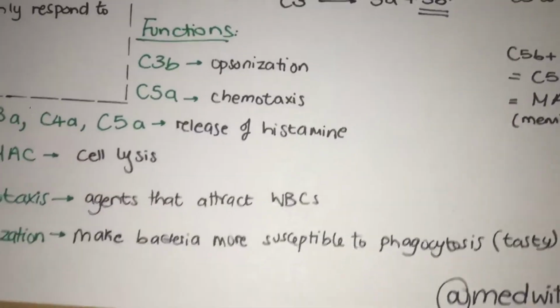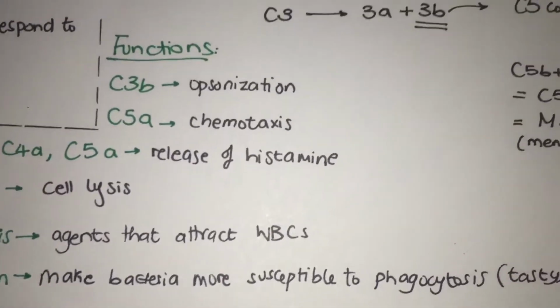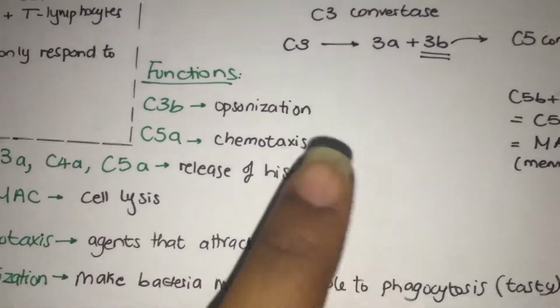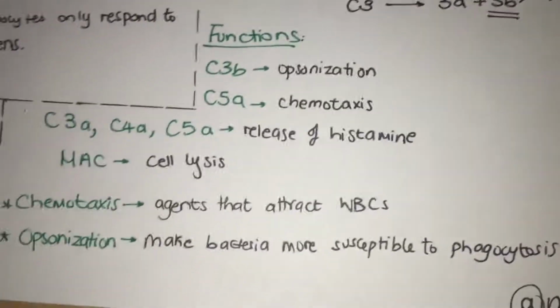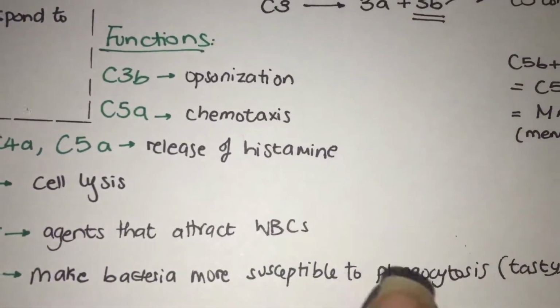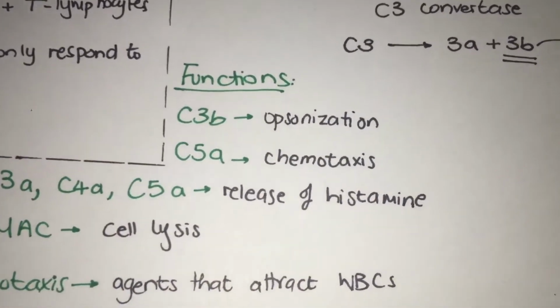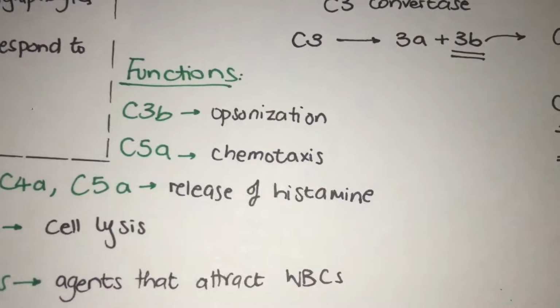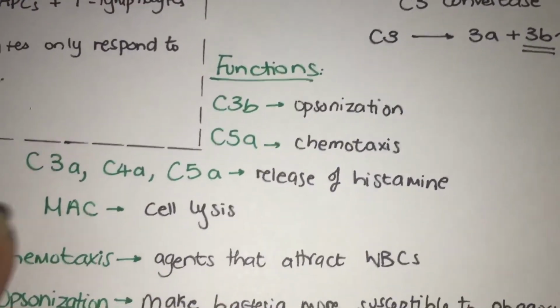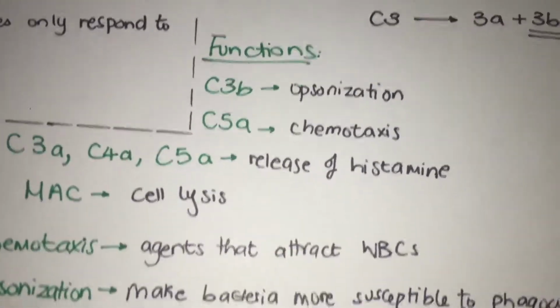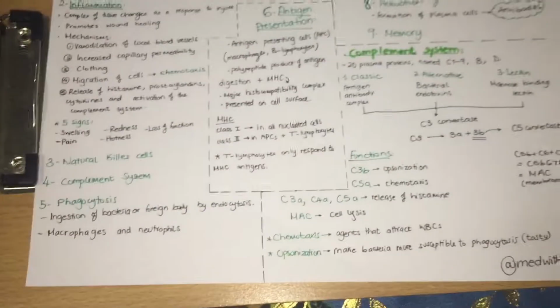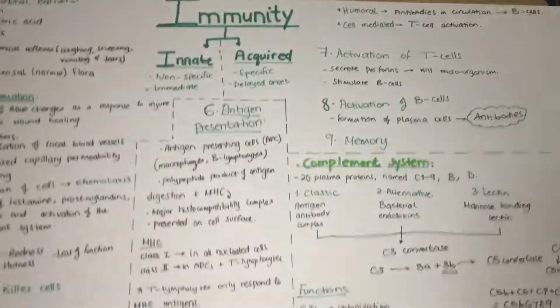So it makes those phagocytic cells digested or ingested. The C5A is for chemotaxis, and we already mentioned it earlier, which are agents that attract white blood cells. We have C3A, C4A, and C5A, which help the release of histamine from mast cells. We have MAC, which is responsible for cell lysis. This is pretty much it when it comes to complement systems and immunity.